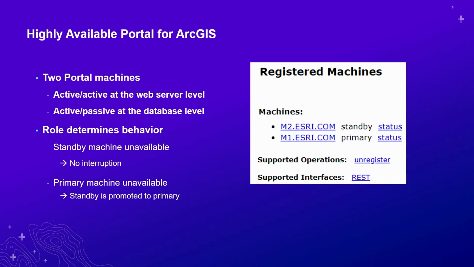If the primary machine goes down, this is simply done by turning off the service, so shutting off the service on primary, or obviously if the machine goes down because of a network issue or disk problem, then the standby is going to be promoted to primary automatically. The time it takes to fail over is going to range, but typically it's between 30 seconds to a minute and a half.